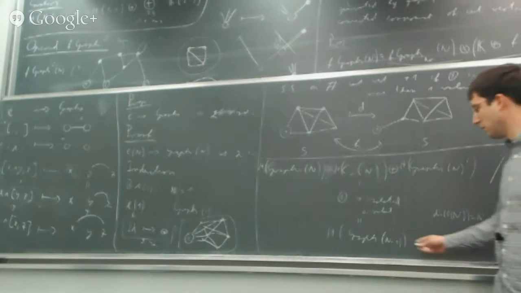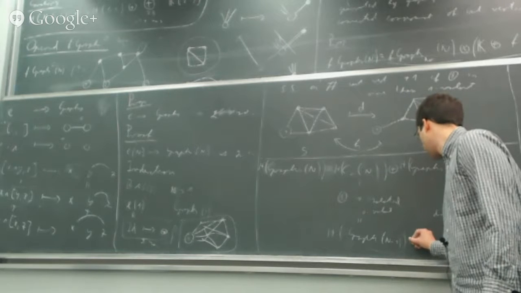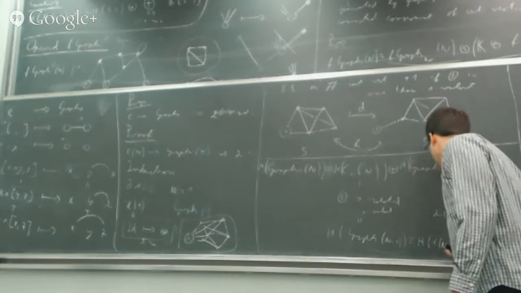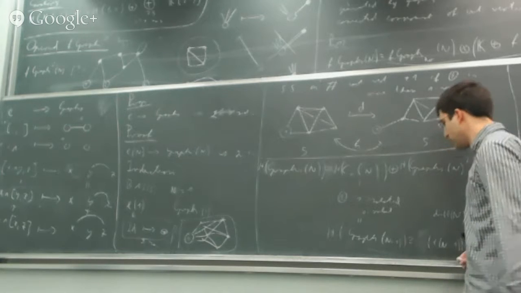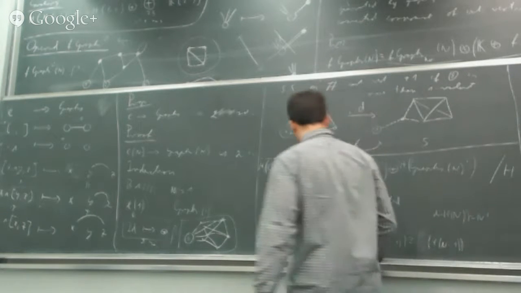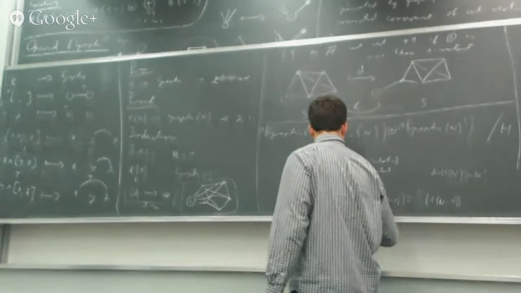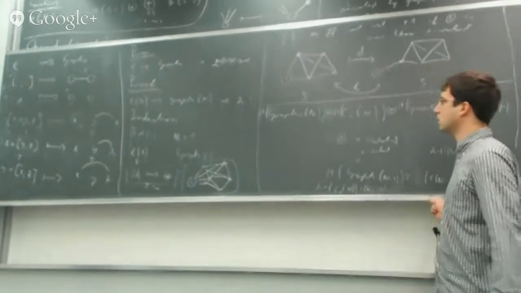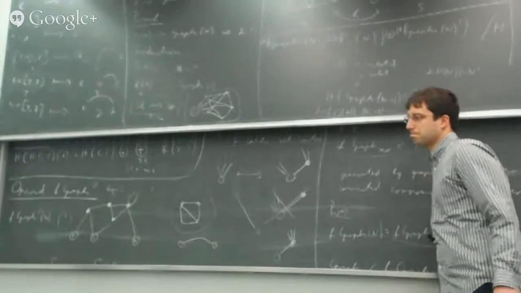So since this is quasi-isomorphic by induction to H of En-1, and the differential here is 0, the dimension of this is n-1 factorial. So I know that the dimension of C0n is n-1 factorial by induction.